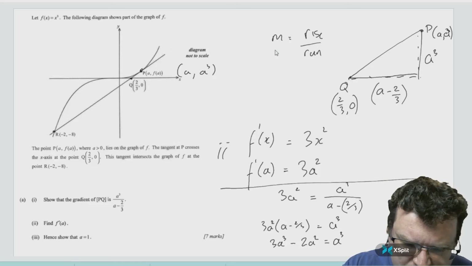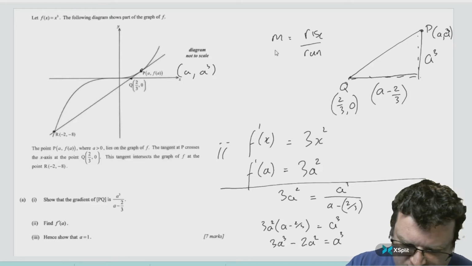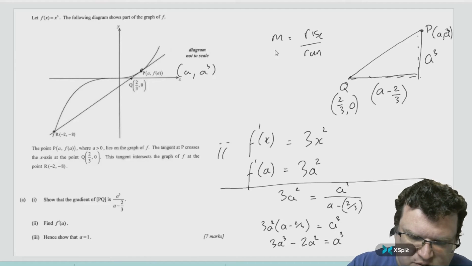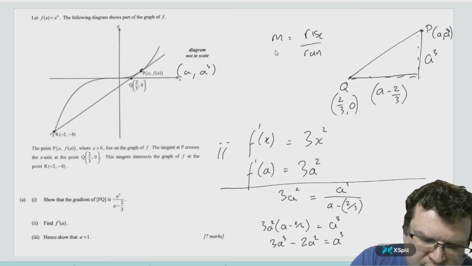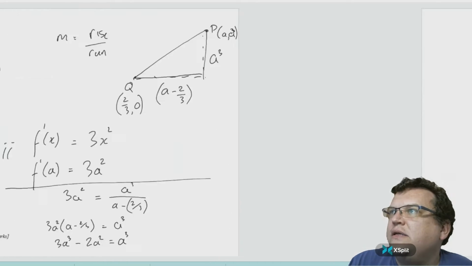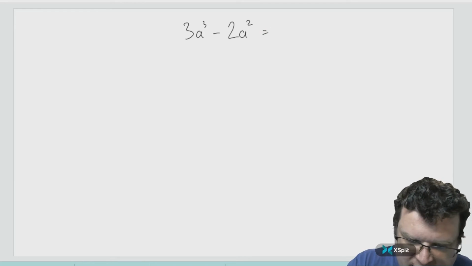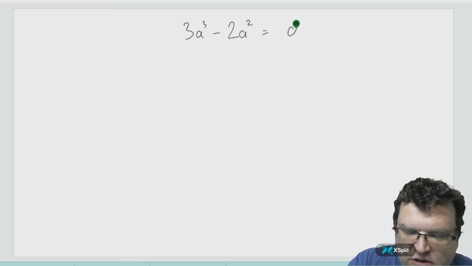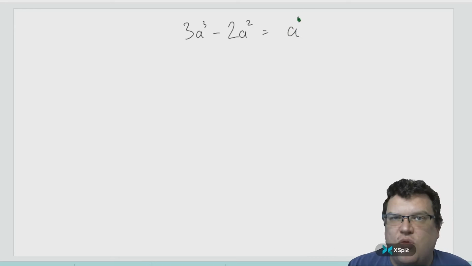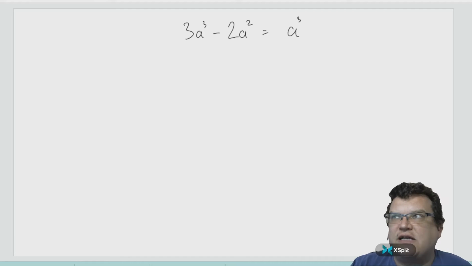Let me just make a little bit of extra space here so we can give this a proper examination. So we have 3a cubed minus 2a squared is equal to a cubed. Now, just like when we're solving any quadratics, we want to get everything over one side so that we can use the null factor theorem.